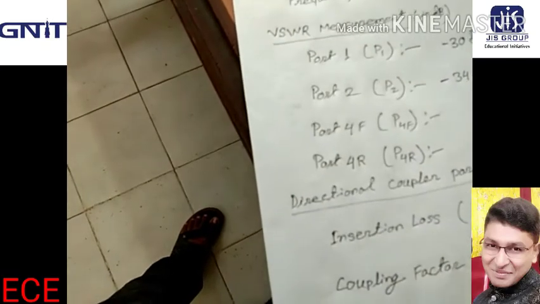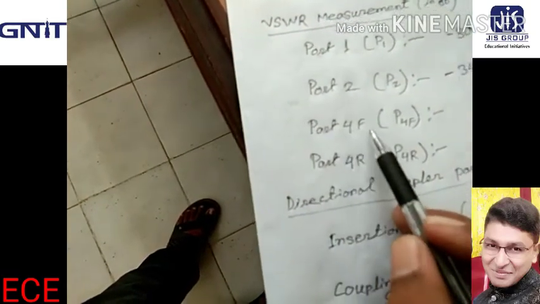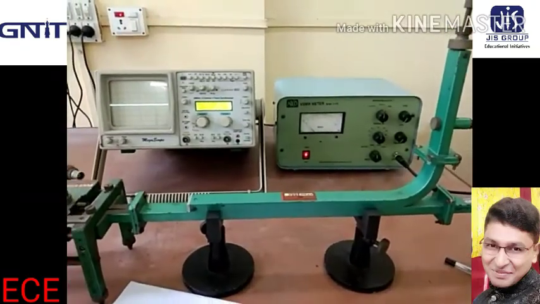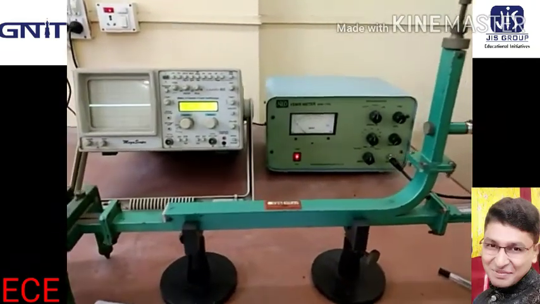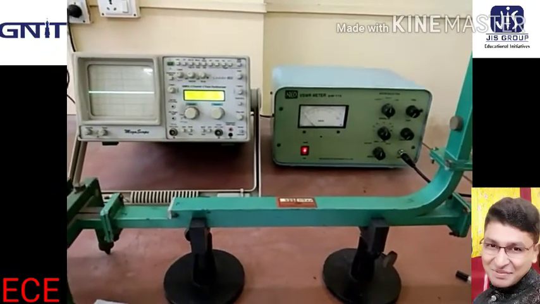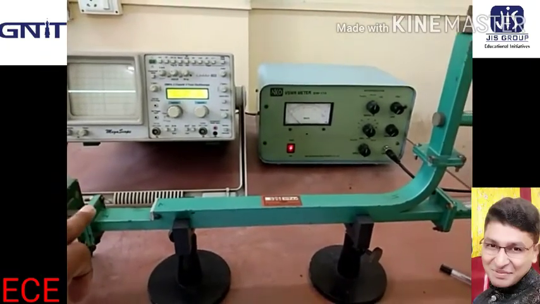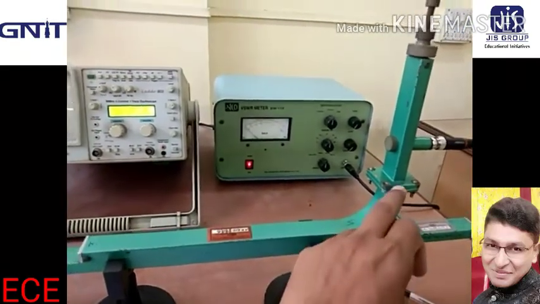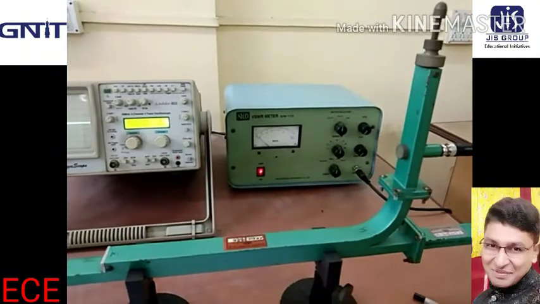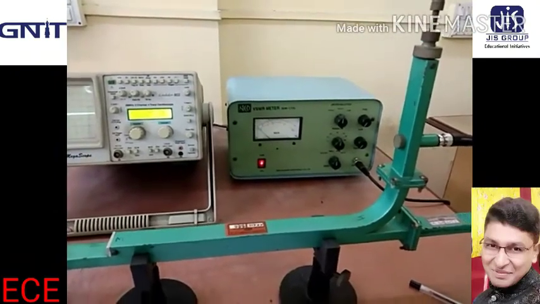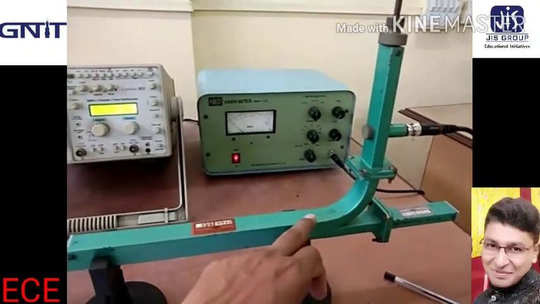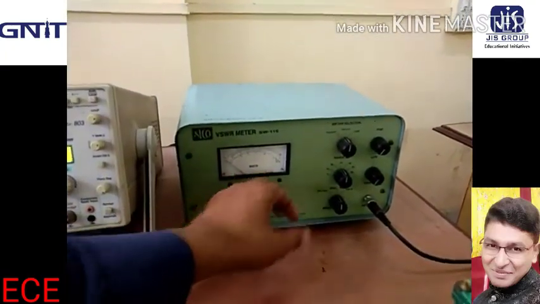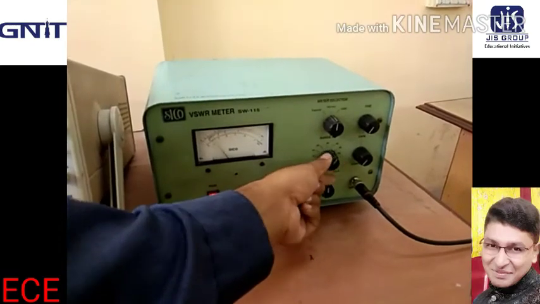Then P4. Now P4 is in the forward direction. P1 is input, P2 is matched termination and P4 has the tunable detector connected. For the P4 value in forward direction, the scale crosses, so move the selector switch.